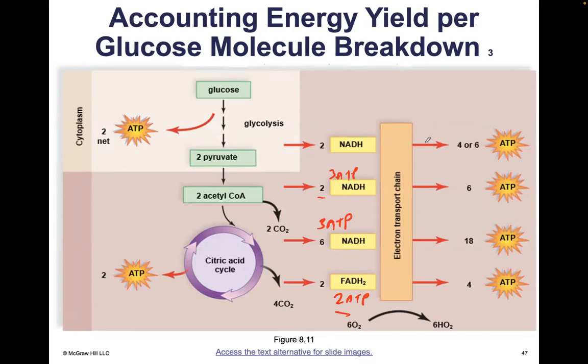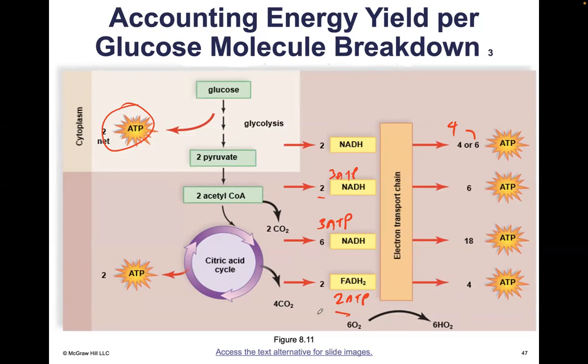Why did it say 4 or 6? Because you used 2 before. If the glycolysis procedure uses 2 ATP, it's not going to be 6, it's going to be 4, because you subtract the 2 that have been used to break down glucose. The rest have a consistent production.